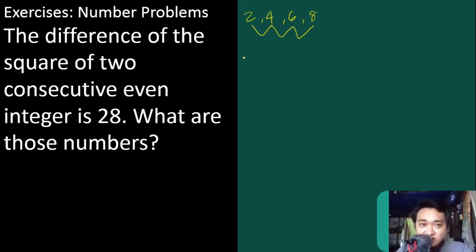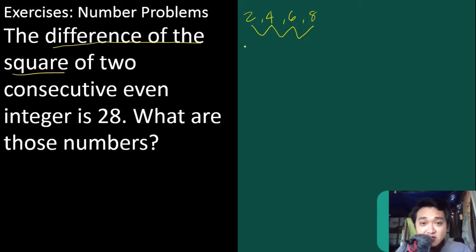Now, the condition is the difference of the square of two consecutive even integers. So, familiar yung tunog, ano? Difference of the square. So, what are we going to do? Let us first express those numbers algebraically or in terms of variables.